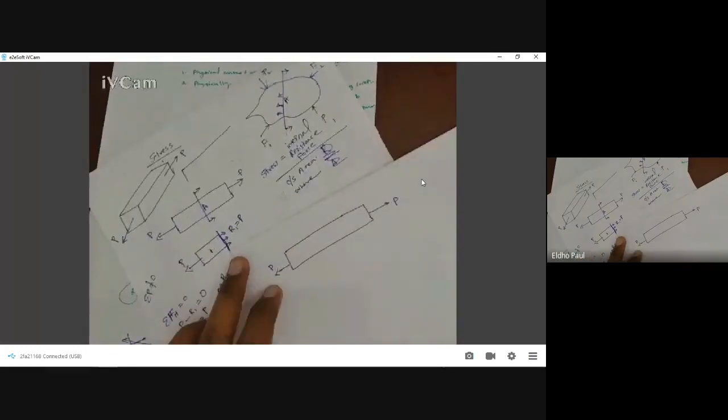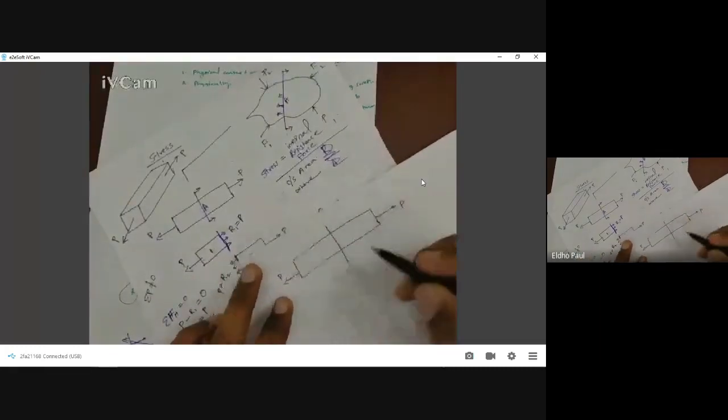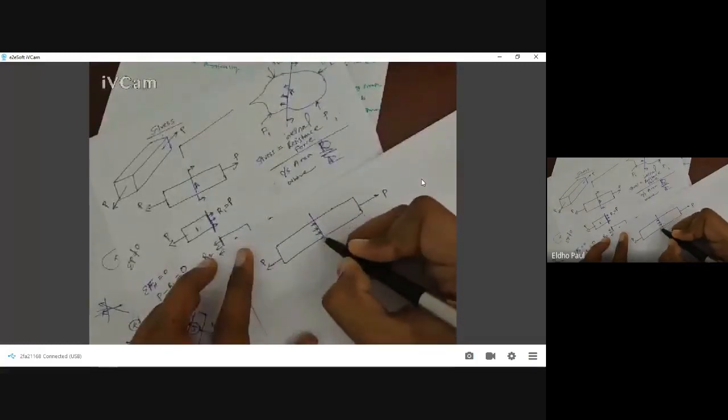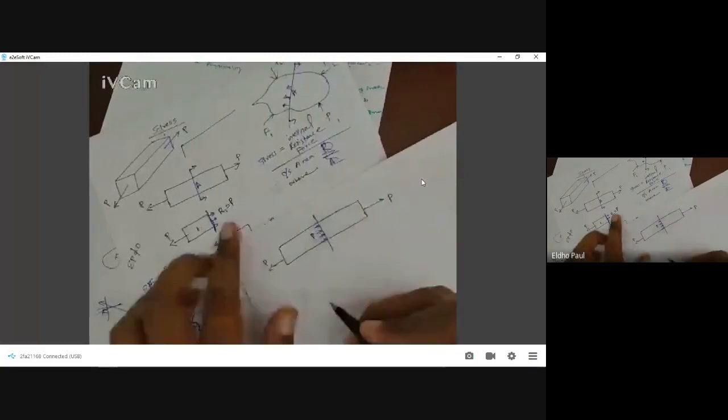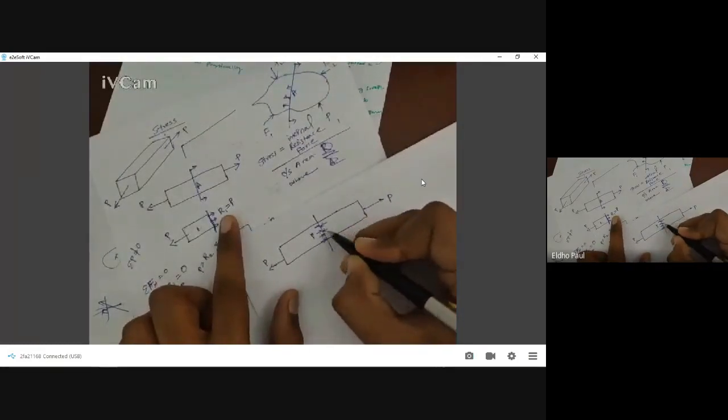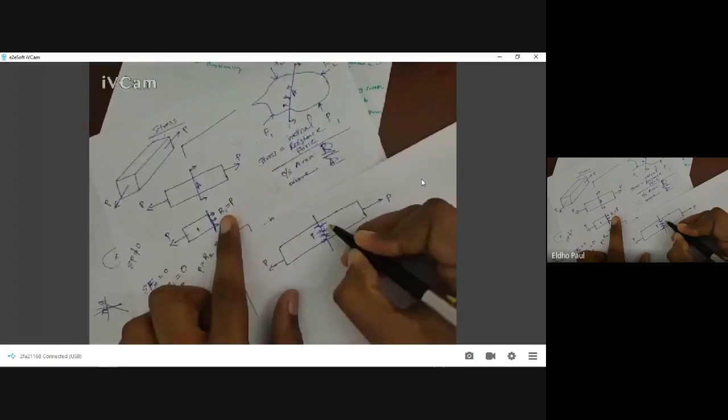Both are external forces. In this cross section, some internal forces are developed. This is R1, which is equal to P. Again, in the reverse direction, R2 is acting, which is also equal to P. So this is our internal force.